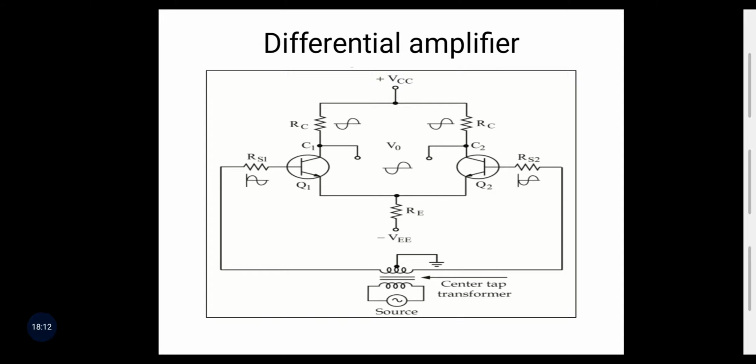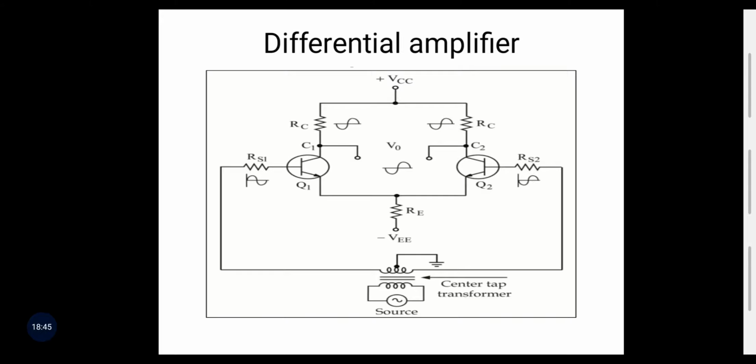Resistor RE provides biasing for both transistors Q1 and Q2, and we use a source voltage with a center tap transformer. If you use the center tap transformer, it gives a positive voltage signal and a negative voltage signal. This is the advantage of the center tap transformer. If Q1 gets a positive signal, Q2 gets a negative signal.